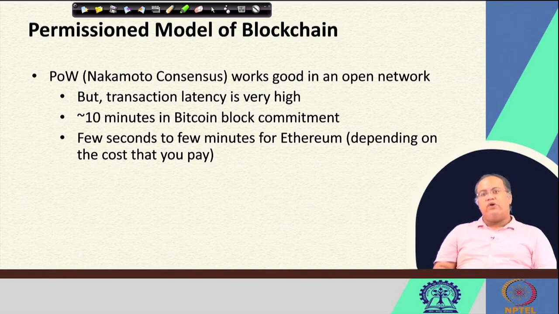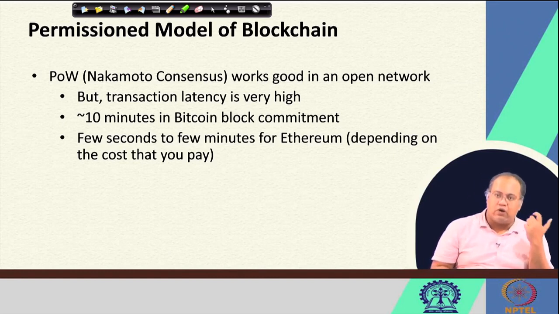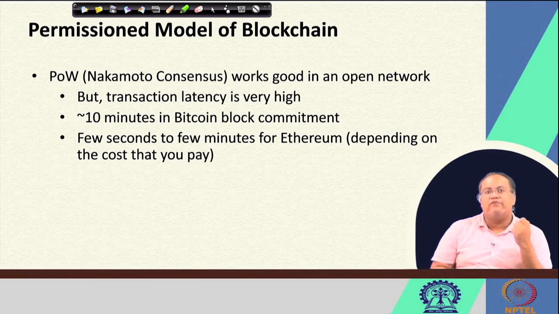The miner needs to do a random search to find out the nonce compared to the target hash that we have, and in that entire process they have to spend a significant amount of time. Now, typically if you look into the Bitcoin block commitment protocol, you will see that Bitcoin roughly takes around 10 minutes to commit every block. Well, so it is really very slow.